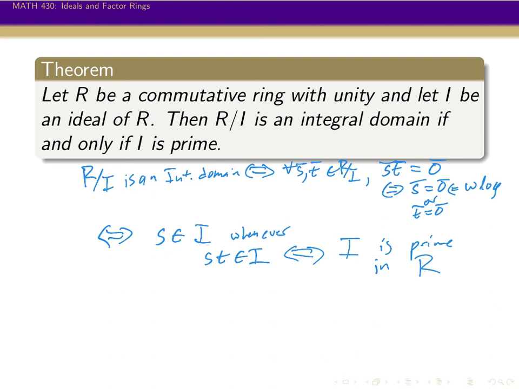And that's the definition of being prime. Going backwards, if I is prime, then that means that either S or T is inside I whenever their product is inside I. And so this happens if and only if in the quotient ring, when you have two things multiplying together to be 0 in the quotient ring, one of them had to be 0 to begin with. And so then that corresponds with R mod I being an integral domain.